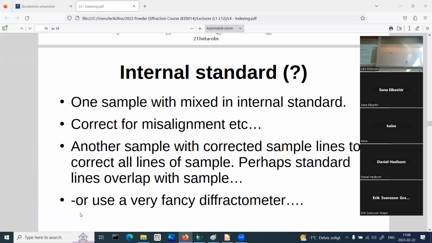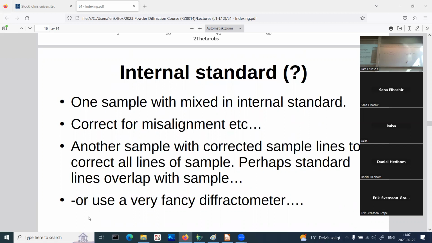A disadvantage is that perhaps you pollute your sample with the internal standard. And perhaps it doesn't solve all difficult problems. If you are interested in very, very low order peak positions, then it's difficult to find standards that have those ranges.